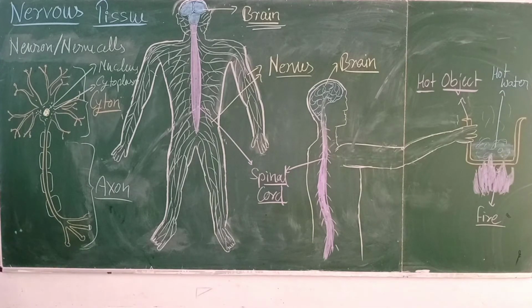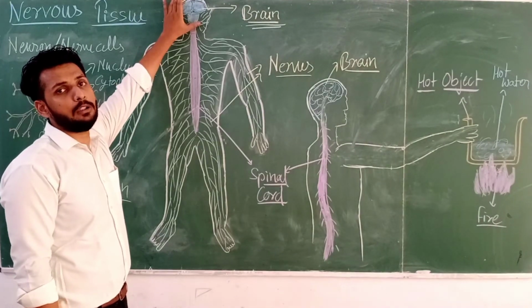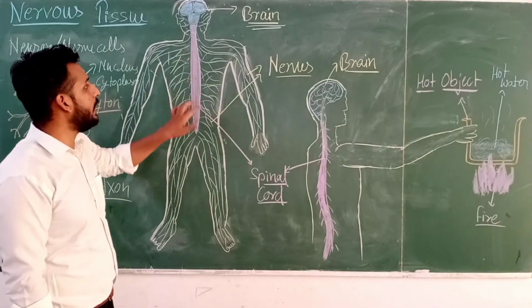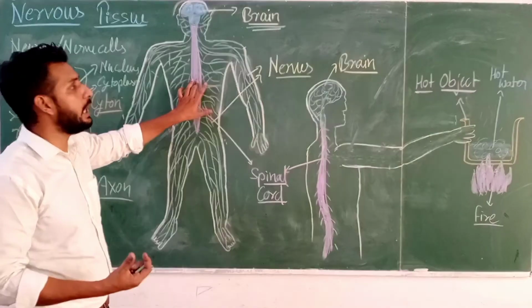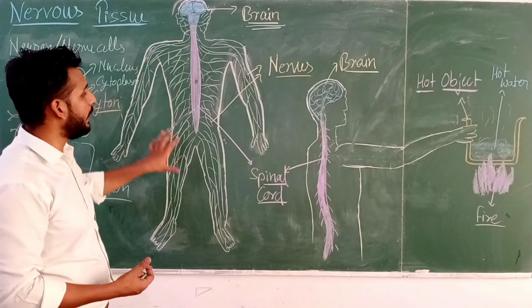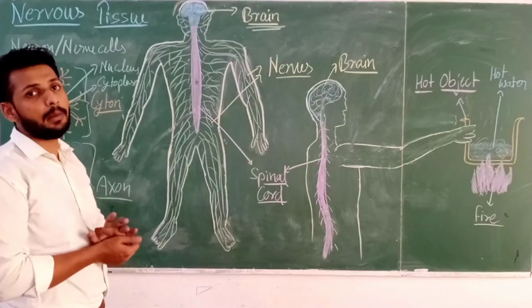So the brain gives the message, and the spinal cord decides how it is carried out, right? In our body, the brain controls the whole body, and the spinal cord is the medium by which the whole body is connected to the brain.